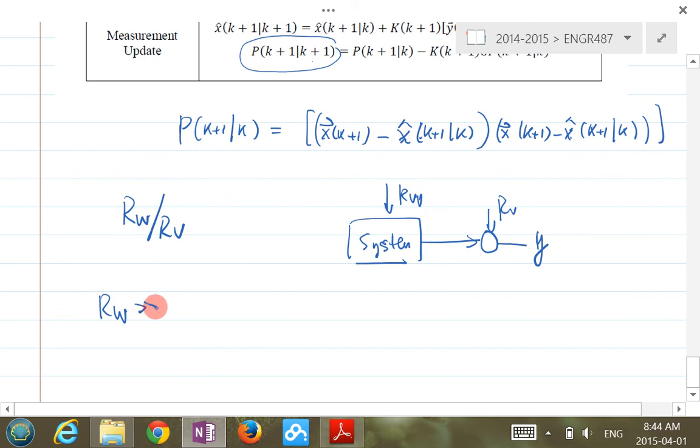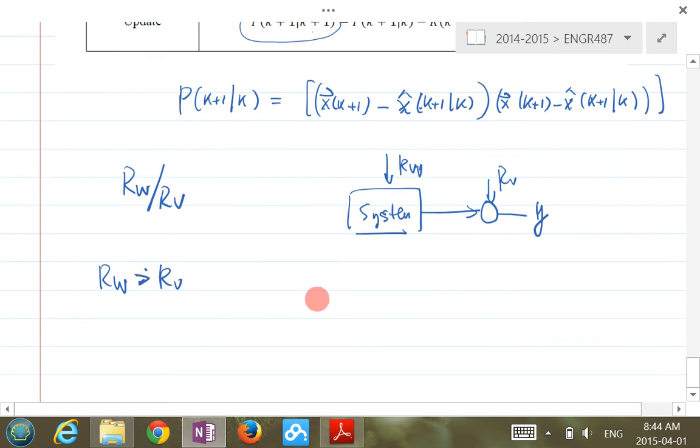So if you think of this ratio right here, let's say RW is greater than RV. What does that imply? Which noise is worse? If this is greater than that, the process noise is more noisy.